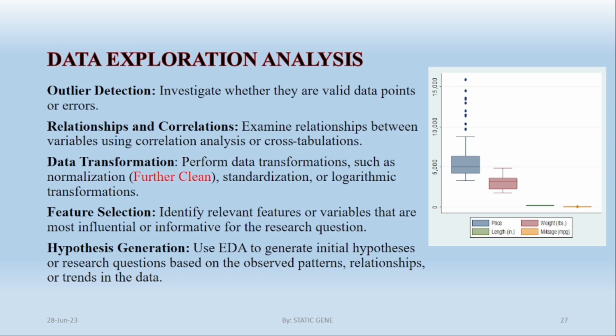Now, there is also feature selection. This is where you identify only the relevant features or variables that are most influential or informative for the research question. There are some other variables that you may collect which are not important. For example, participant ID cannot be informative in any way. Some of those you have to eliminate under the data exploration analysis.